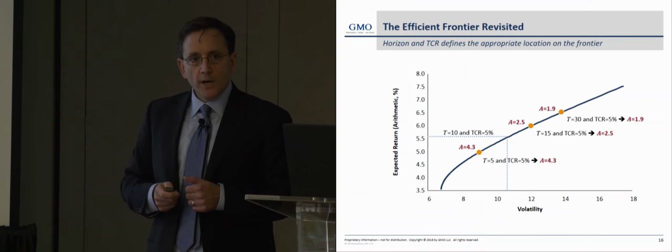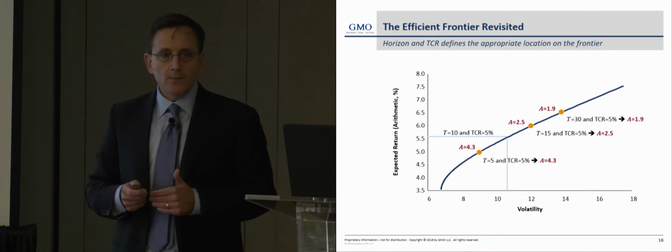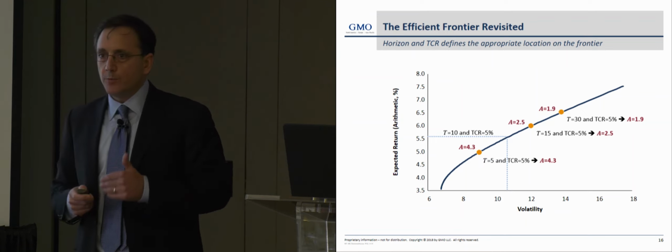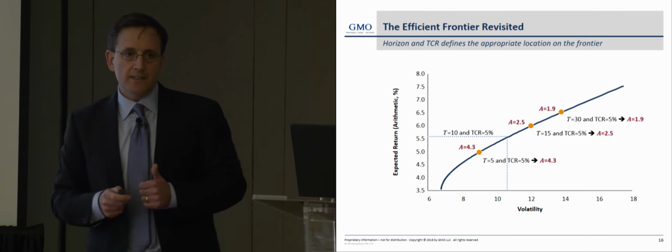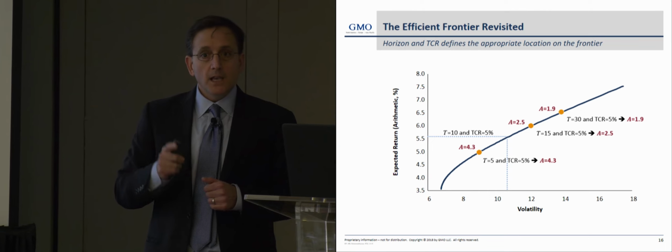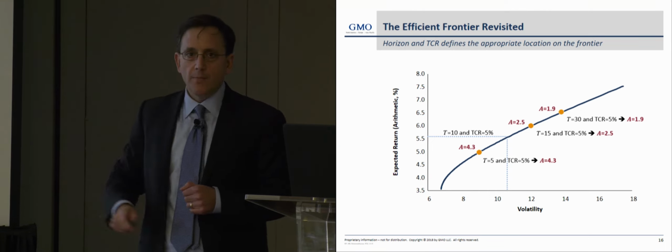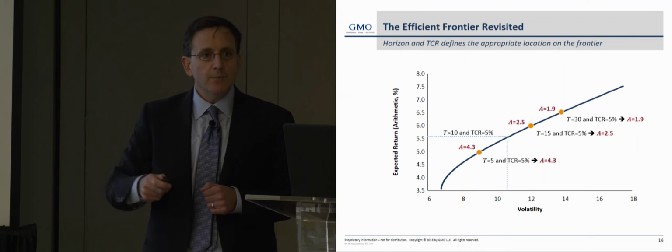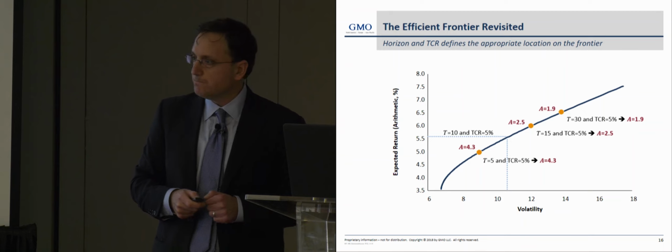But if you want to compound at 5%, using the standard framework, that is only the optimal portfolio from an expected shortfall perspective if you have a 10-year horizon. If you have a longer than 10-year horizon, you should be further up on the frontier. You should be taking more volatility than is implied by the conventional approach.